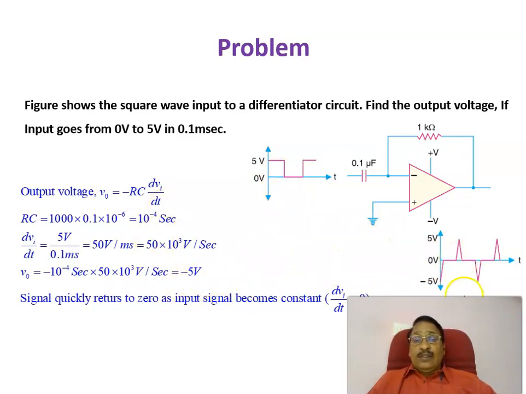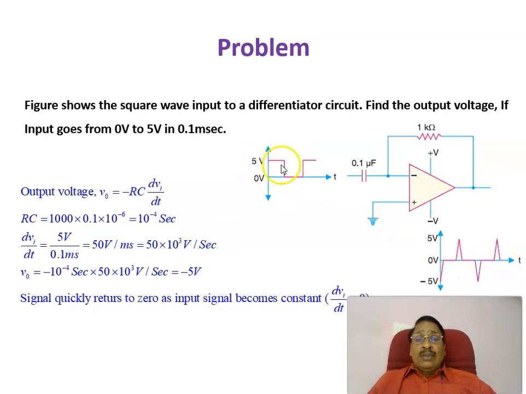In the same way, you will be getting a plus 5 spike. Therefore, when it is changing from 0 to positive 5, you get a minus, because there's a minus sign. Therefore, minus 5 volt. When it is changing from plus 5 to 0, again the change is 5 volt, but the polarity is opposite. Therefore, this is equal to plus 5.